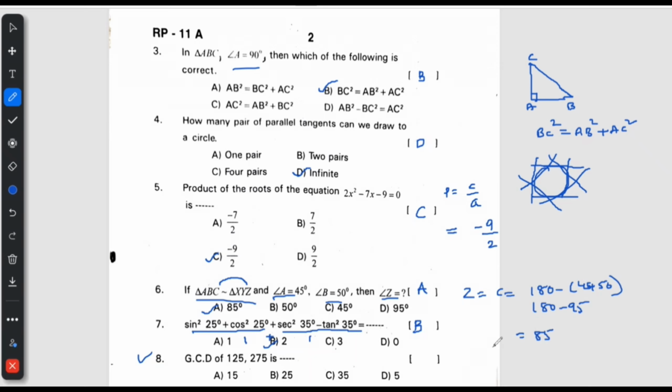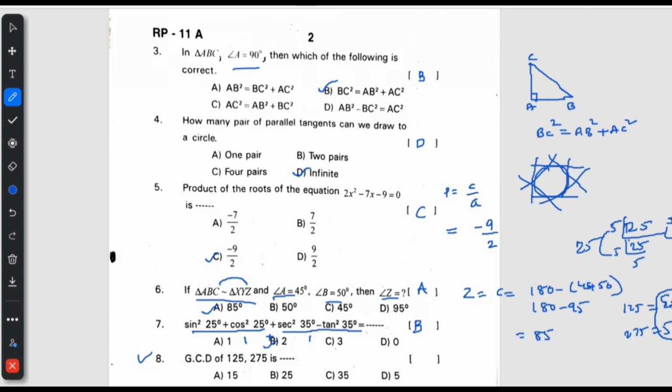The GCD of 125 and 275. Now I can take the prime factors of these two numbers. 125 is 5 times 25, that is 5 times 5 times 5, and 275 is 5 times 55, that is 5 times 5 times 11.